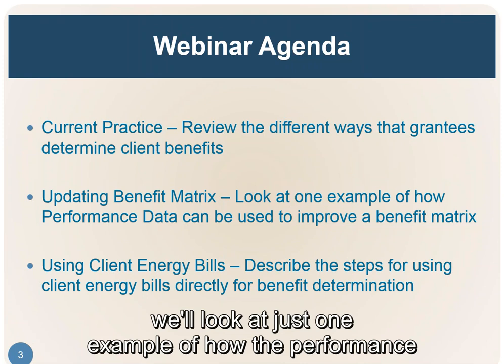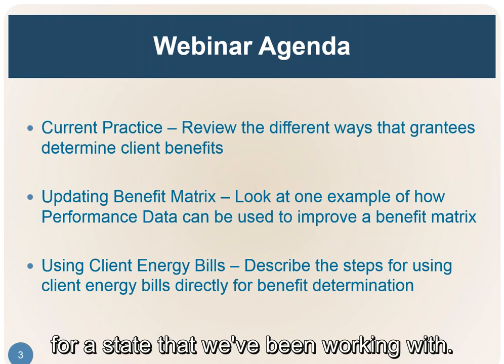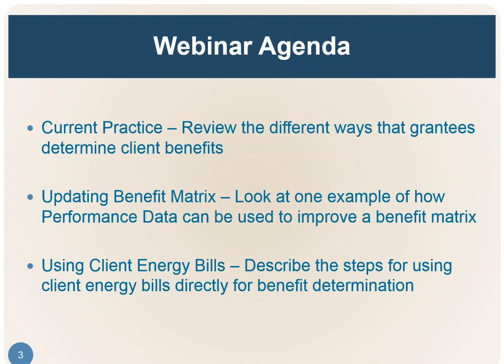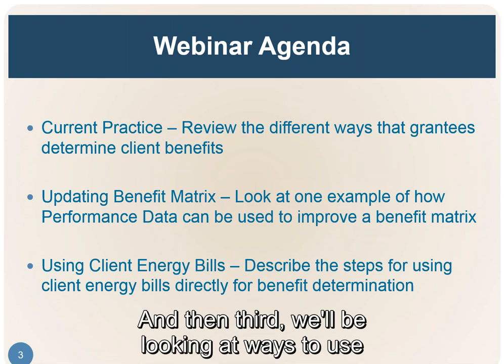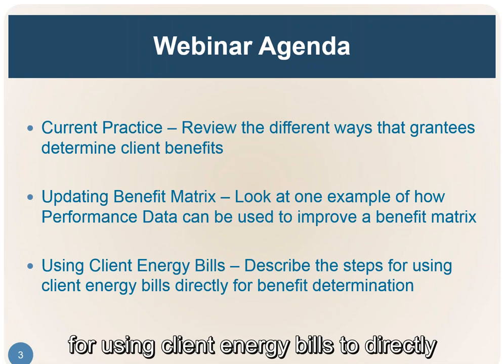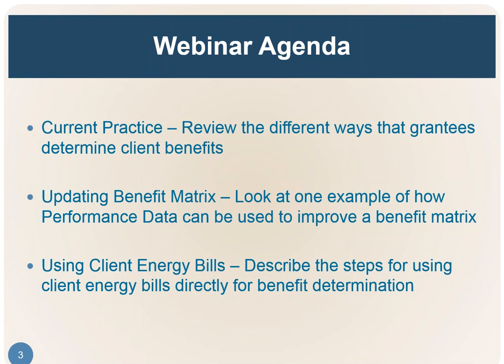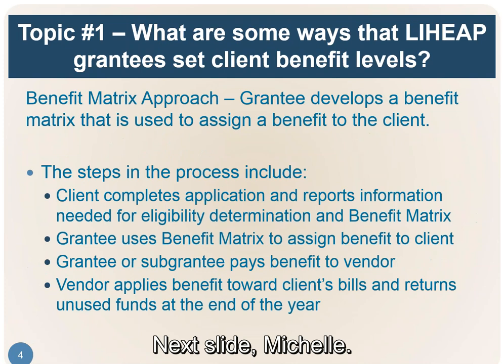We'll look at just one example of how the performance data can be used to improve a benefit matrix for a state that we've been working with. And then third, we'll be looking at ways to use client energy bills. We'll be describing the steps for using client energy bills directly for benefit determination. Next slide, Michelle.